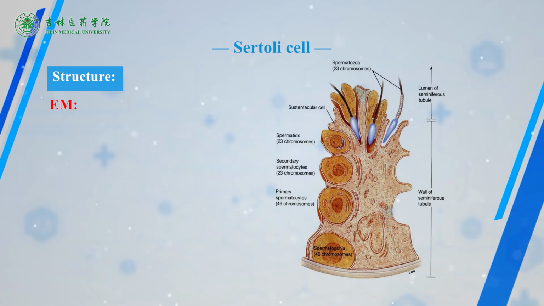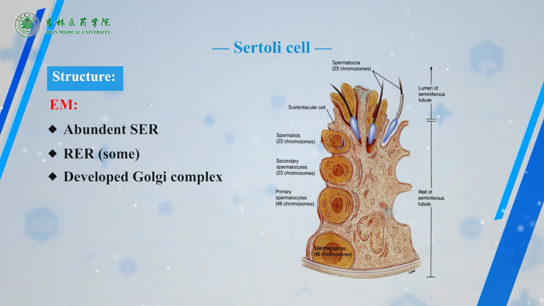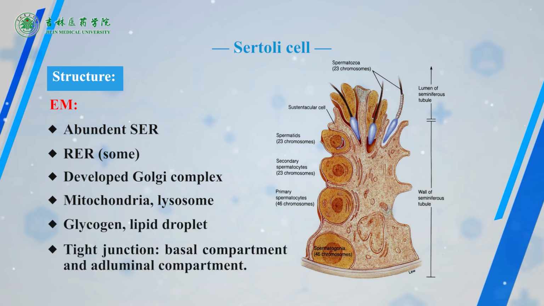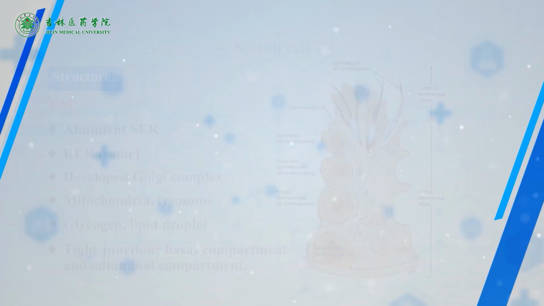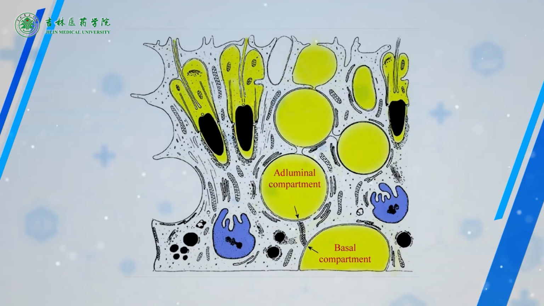Ultrastructure. Sertoli cells contain abundant SER, some RER, well-developed Golgi complex, numerous mitochondria, lysosomes, glycogen, and lipid droplets. Adjacent Sertoli cells are bound together by tight junctions at the basolateral part of the cells.